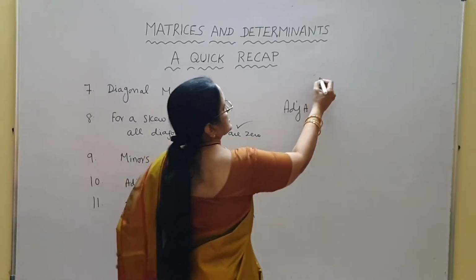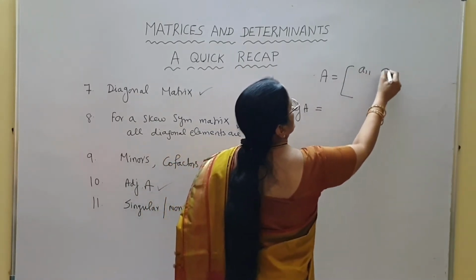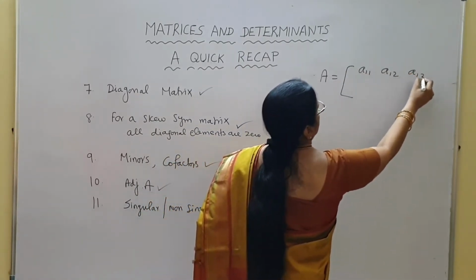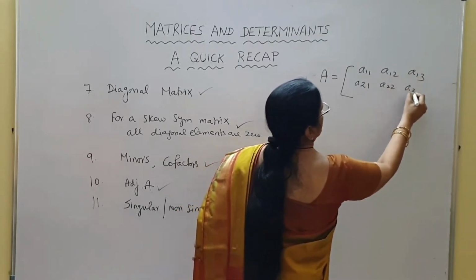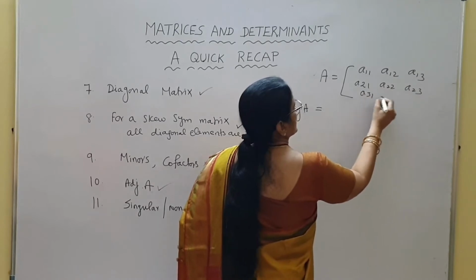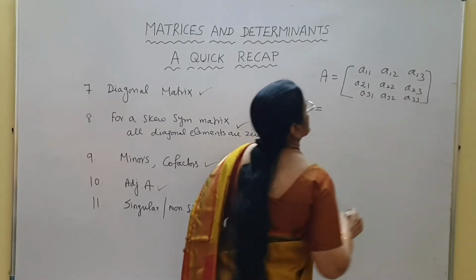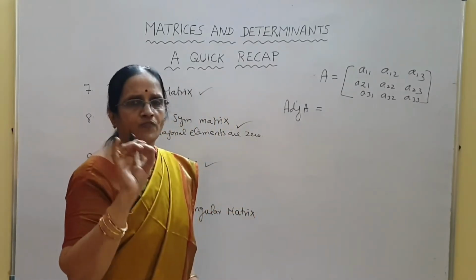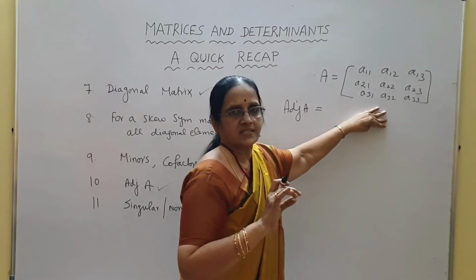Suppose the matrix A is A11, A12, A13, A21, A22, A23, A31, A32, A33. You need to find out the cofactors of each and every element of this matrix.